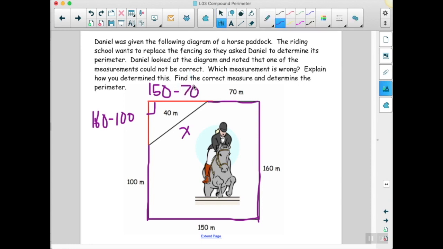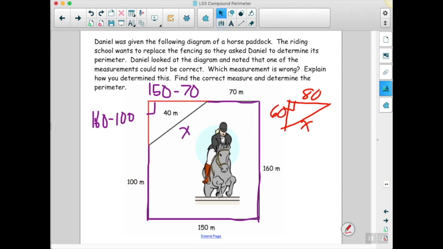There we go. That was a lot of difficulty writing all of that out. So then you could simply finish that off. Maybe I'm going to draw this over here just so that we can see what we have. Right triangle now. That's X. This is now going to be 80. And this is going to be 60. And then you can use the Pythagorean theorem to finish that off. And what you'll see is you should be getting something back that is at least greater than 80.